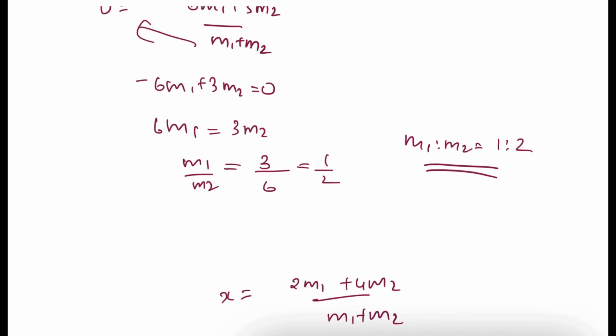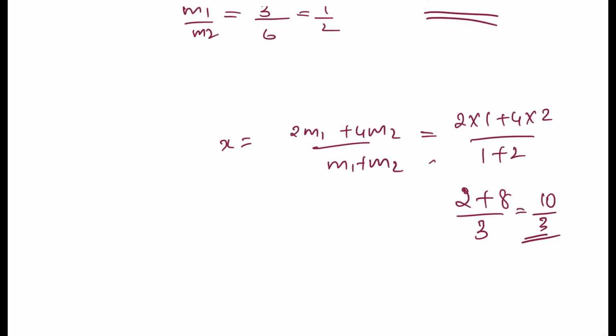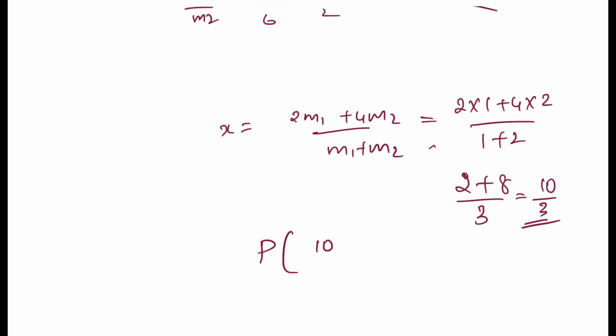So doing that, 2 into 1 plus 4 into 2 by 1 plus 2, that is 2 plus 8 by 3, that is 10 by 3 will be the value of x. So the point of intersection will be (10/3, 0). Hope it's clear to you, children. We have to just substitute the value and you get it.